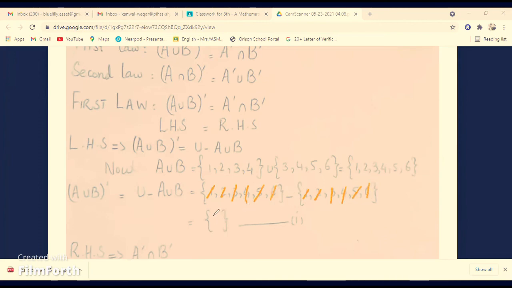It means we will get an empty set. So first of all we get the common, and for complement, I told you, universal is a big set. First take the common elements, just cancel it, cross it, whatever you want to do, and then whatever is left in the universal set, it will be the property of A complement.